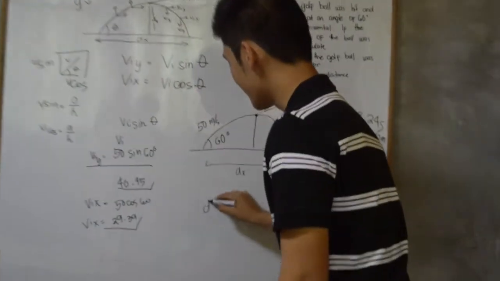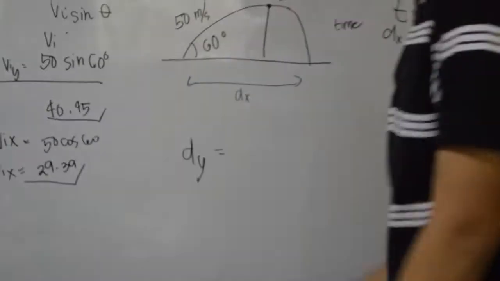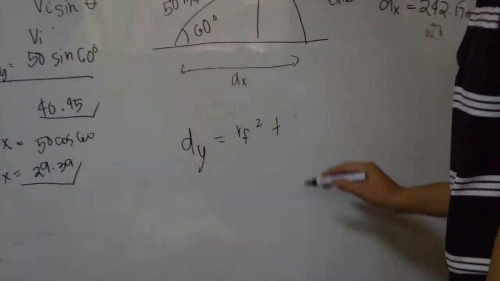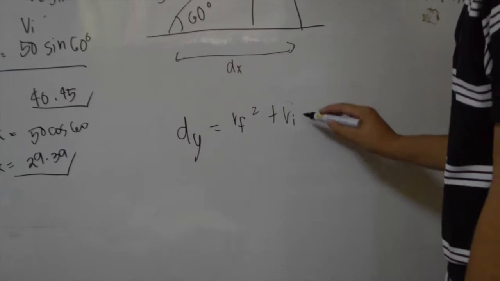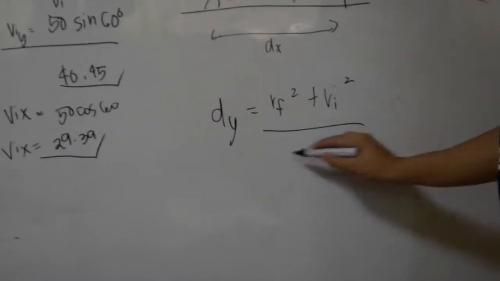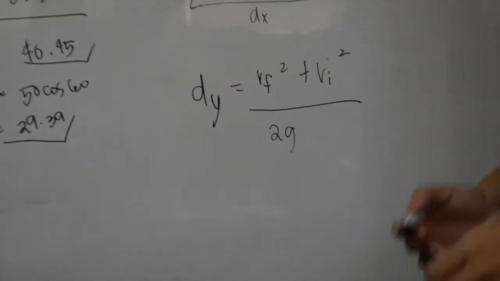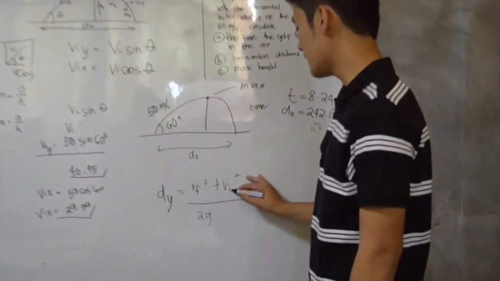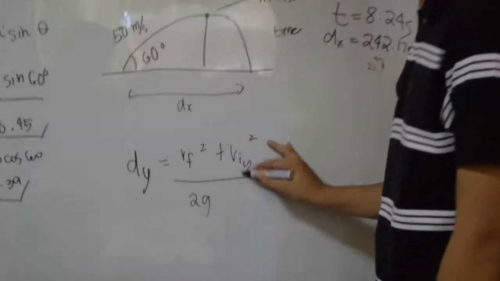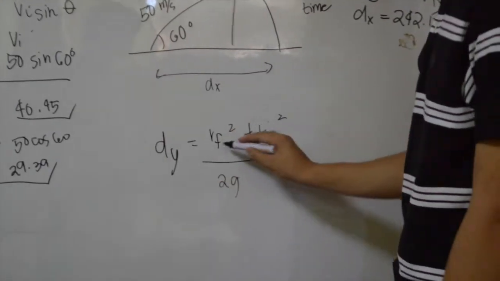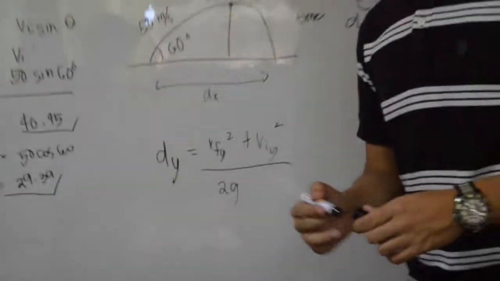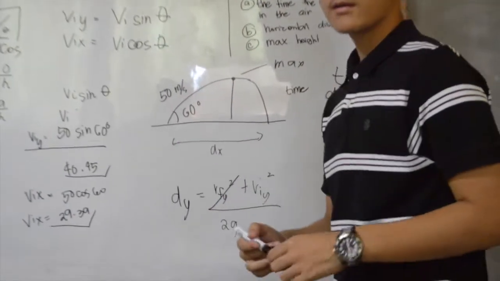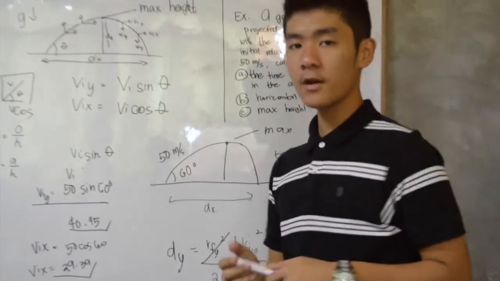Now we're going to compute the maximum height of the object. dy equals the final velocity vf squared minus the initial velocity squared over 2g. Reminder: it is the y component, so we use the y components of the initial and final velocities. vf equals 0 because at the maximum height the vertical velocity is zero.